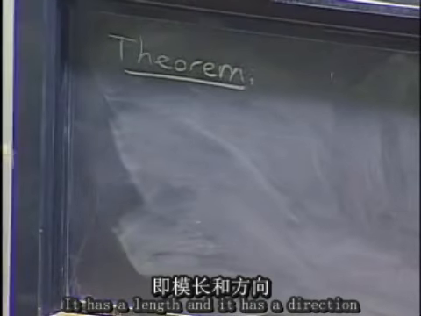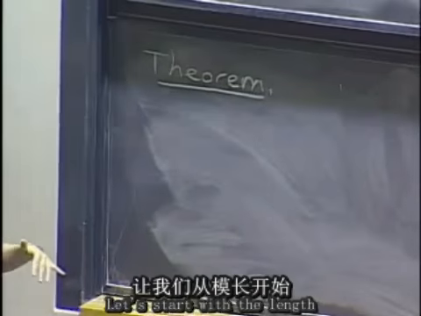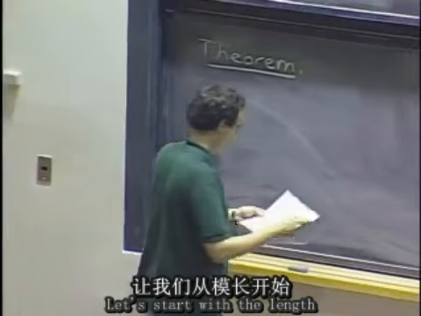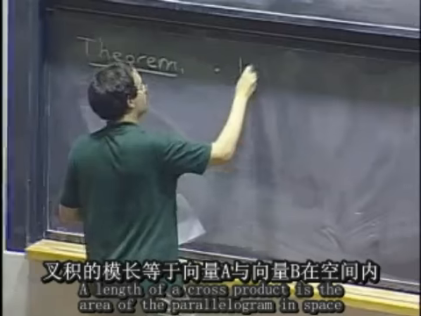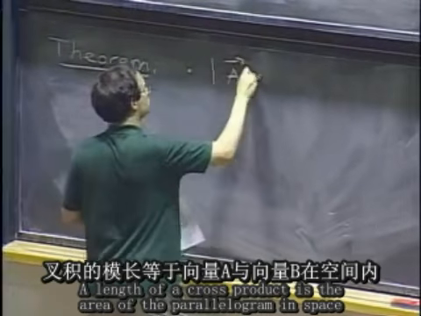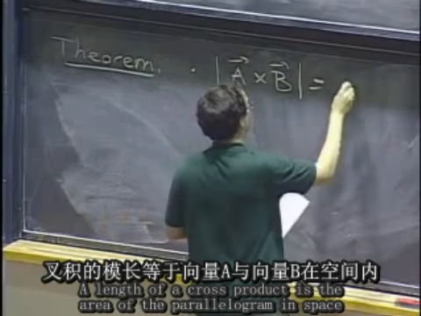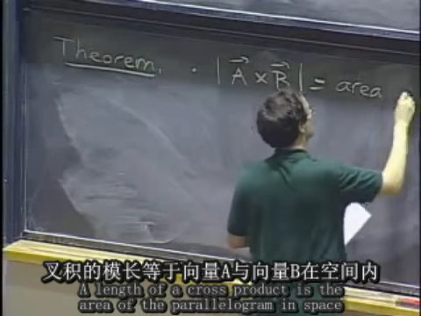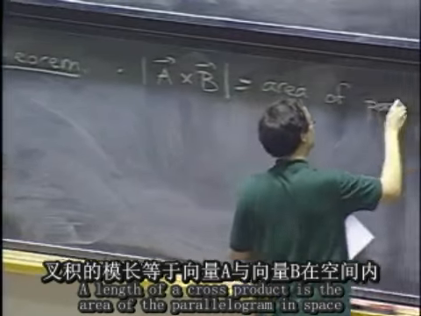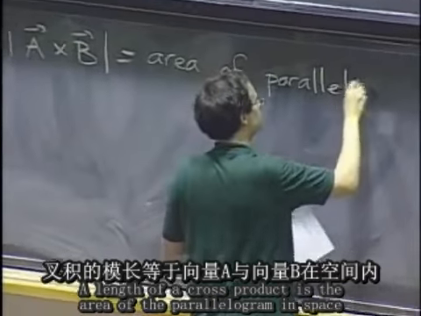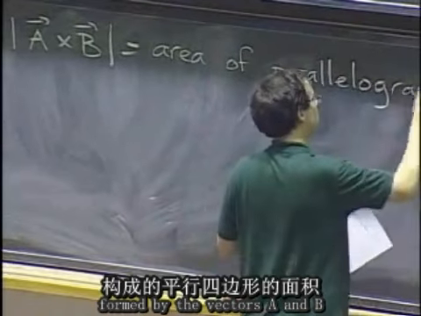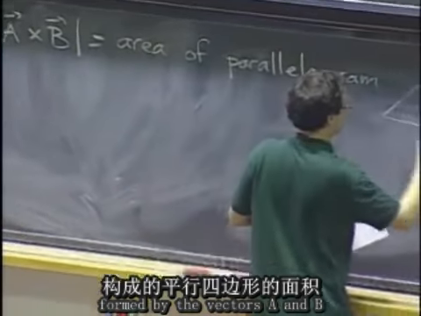It has a length and it has a direction. Let's start with the length. The length of a cross product is the area of the parallelogram in space formed by the vectors A and B.